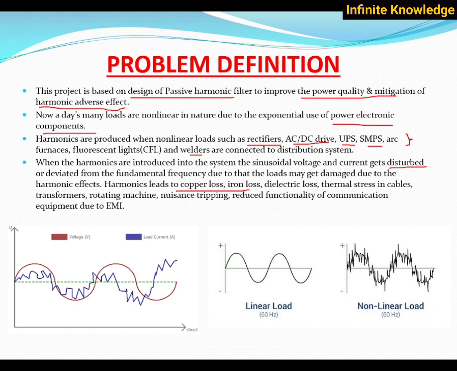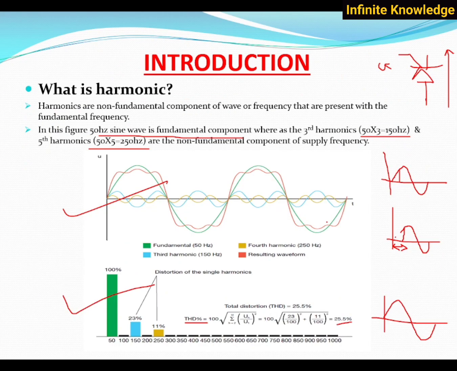Harmonics lead to copper loss, iron loss, dielectric loss, and thermal stress in the cable, transformer, and rotating machine. What happens in the rotating machine? If the fifth harmonic is in the system, it will oppose the rotation of your motor. If the majority of harmonics are fifth harmonic, it will create a back EMF in your winding to oppose the rotation of your electric motor.